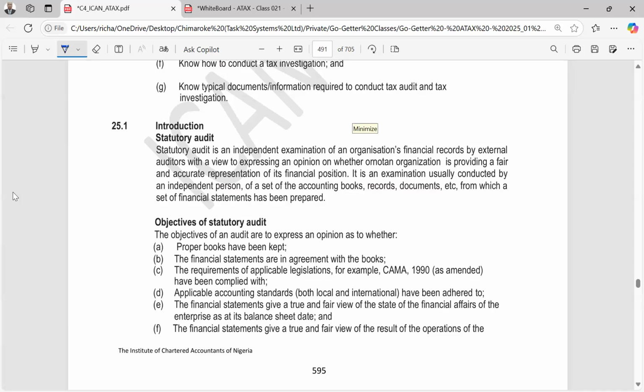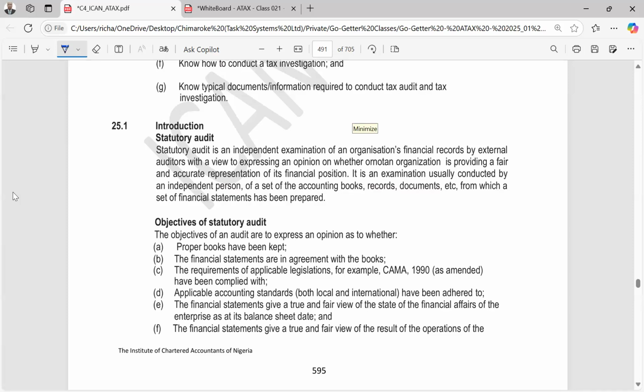What about all the other standards? The IAS, the IFRSs, have they been complied with? This is what the statutory audit will check. So C and D is also the same. Applicable accounting standards, both local and international, have been adhered to.